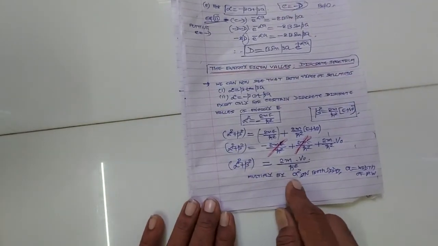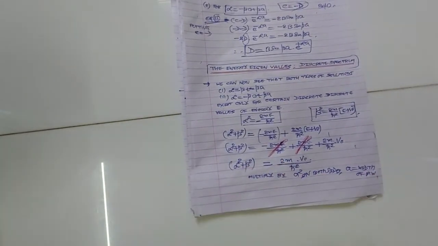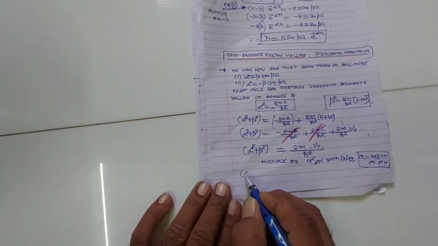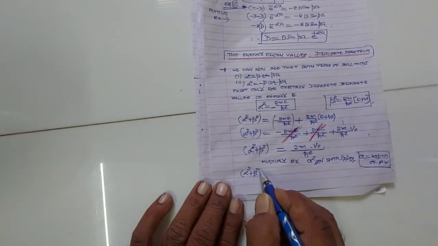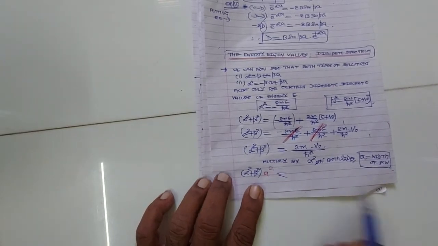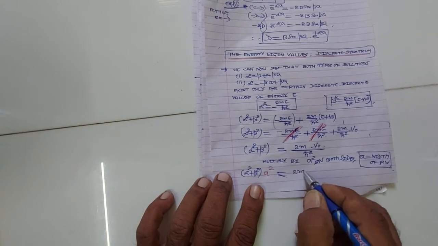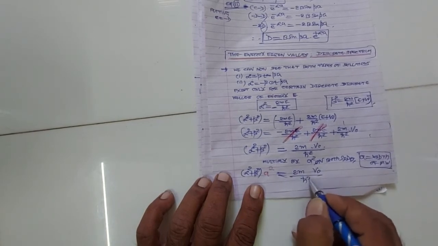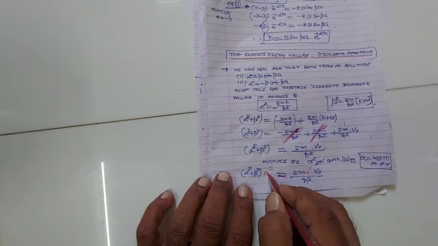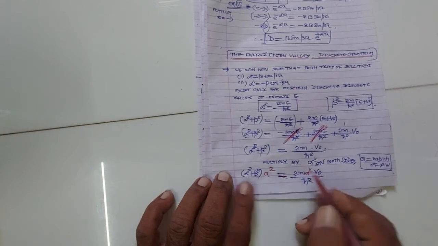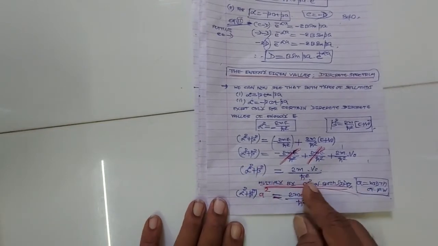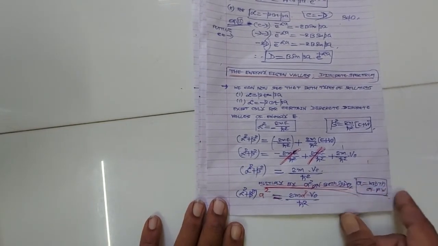So let us multiply both sides of this equation with a square, where a is the width of the potential well.